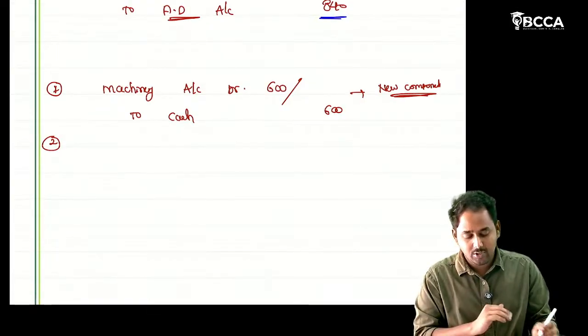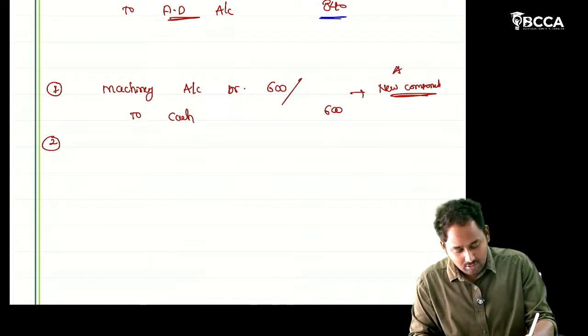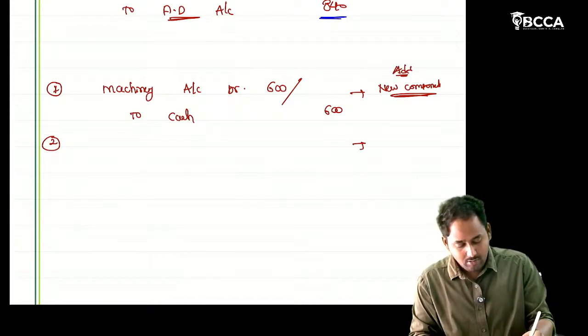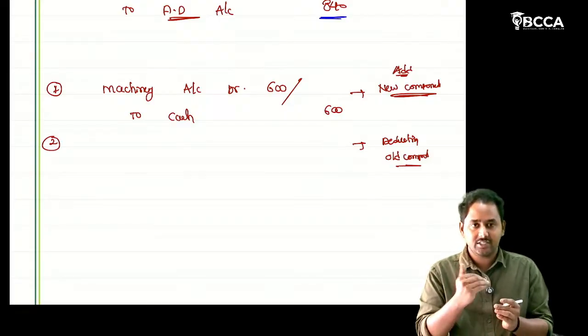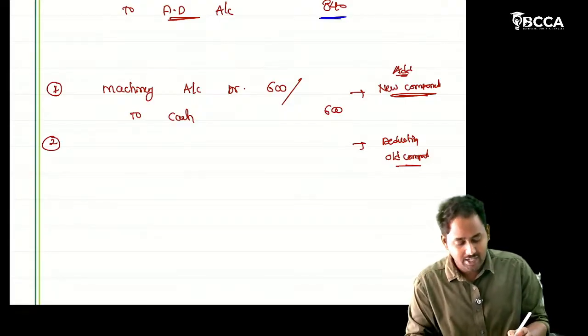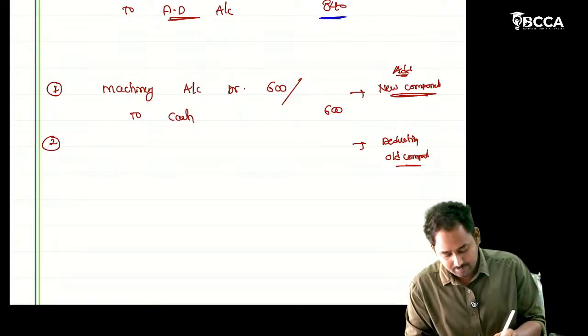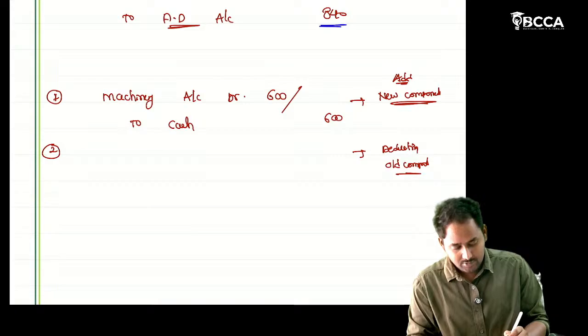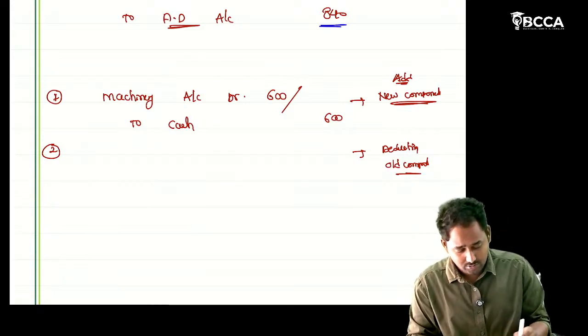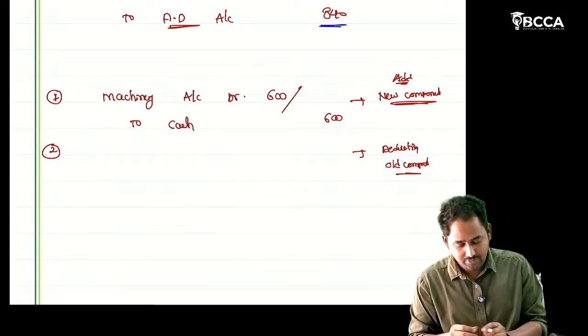The machinery account debit to cash. Then, deducting the old component. How to deduct the old component? It should decrease the value of the machinery. So what is the carrying value of the old component? 300. Fair value 360, so profit 60.